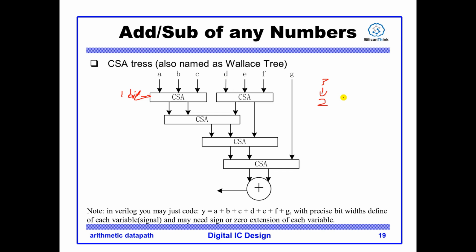Then you can reduce the number of digits level by level. Each level the number of digits will be smaller. Finally you get 2 digits, and use the final adder to add them up.